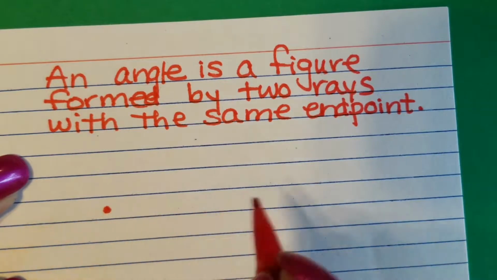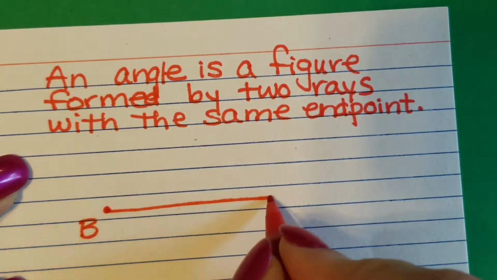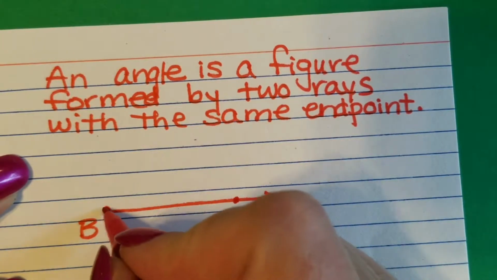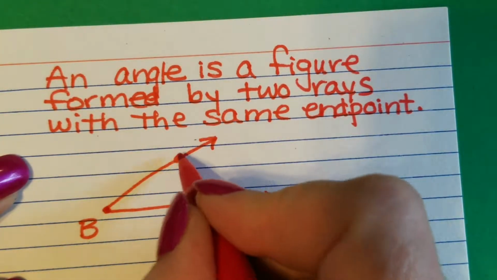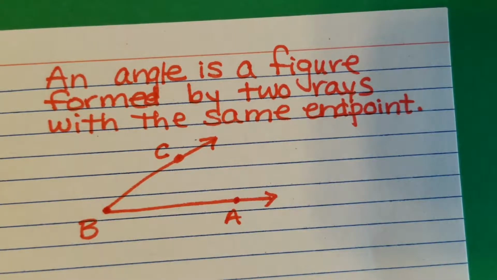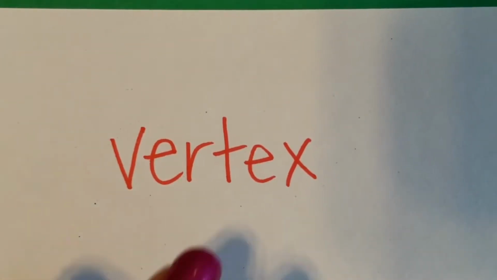So if I have an endpoint here, let's call that B, and we have a ray that goes this direction, ray BA, and we have another ray that's ray BC, that is what an angle is comprised of. When we're talking about angles, the vertex of an angle is the shared endpoint or the common endpoint.